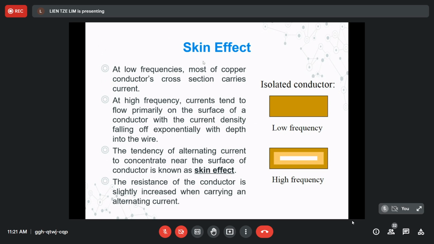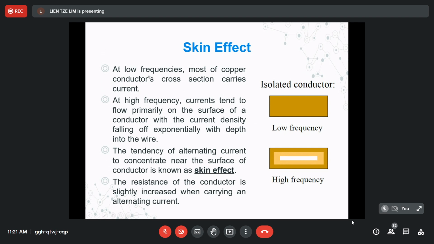The current and voltage here can be AC, not DC. So the currents flowing through the metal layers will be different at different frequencies.